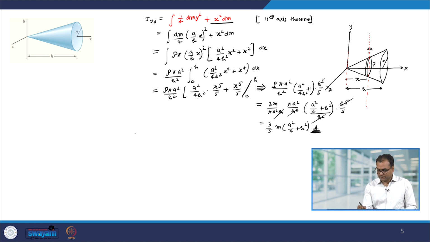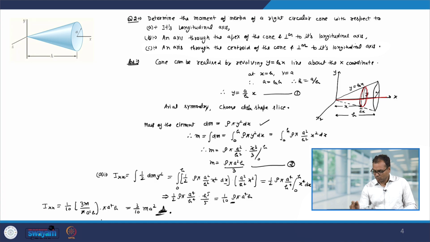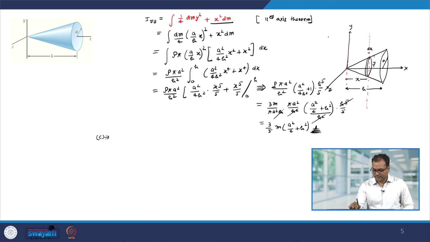In the third part, part C, we have been asked to find the moment of inertia through the centroid, which is perpendicular to the longitudinal axis. So, that means we have to find out the moment of inertia. This was the x axis, y axis and the z axis.